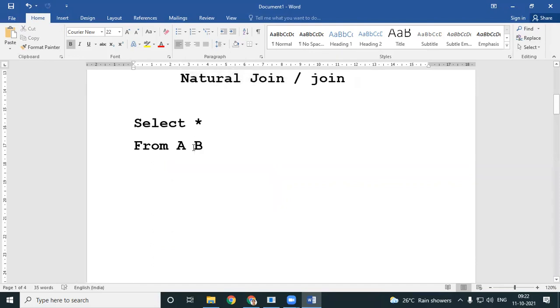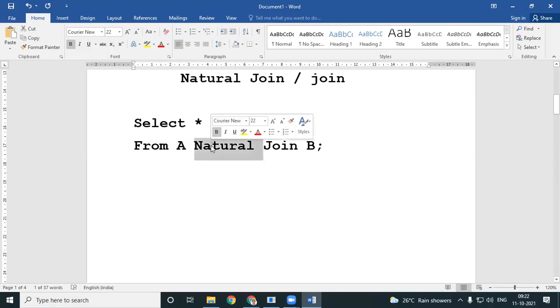So you write select star from A natural join B. Even though you write simply join or natural join, it is one and the same. So this is how you do a natural join.